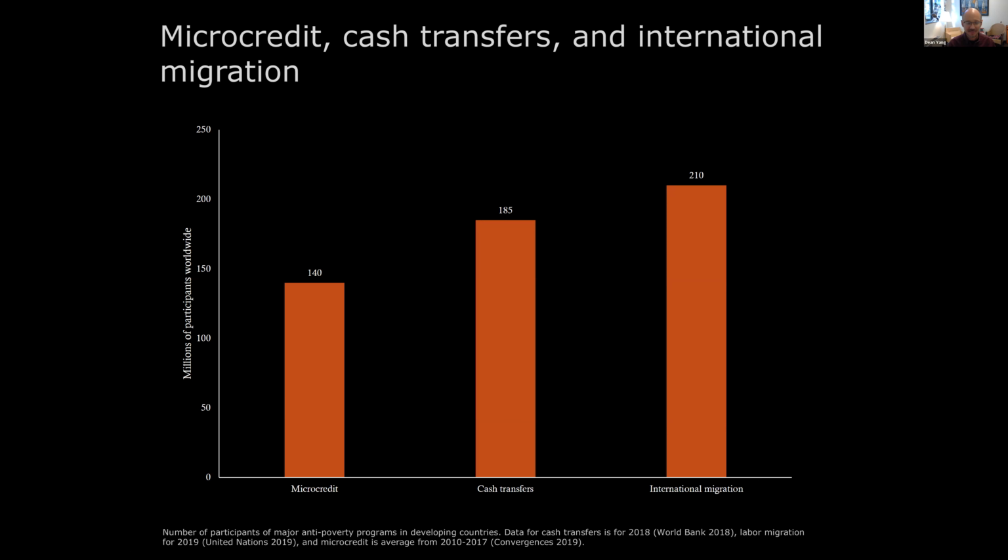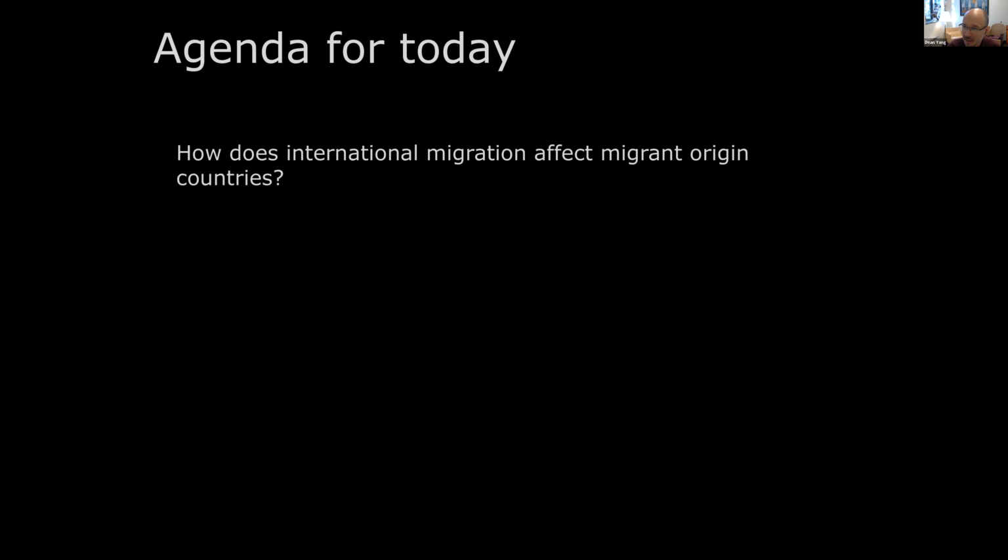That's all background. What's the agenda for today? We want to think about how international migration affects migrant origin countries, mostly developing countries, in particular developing countries that send migrants overseas. We're going to think about a country that experiences an increase in out migration, or in income earned by a country's migrants.